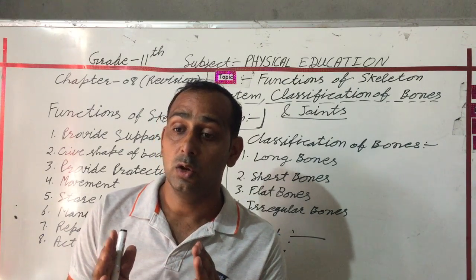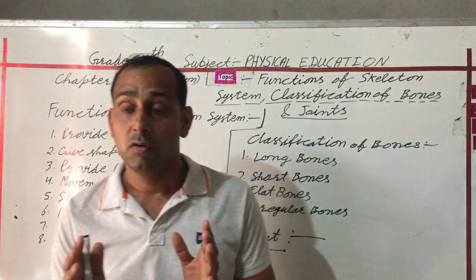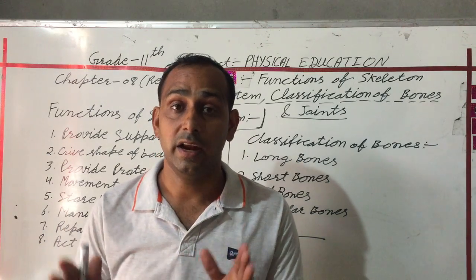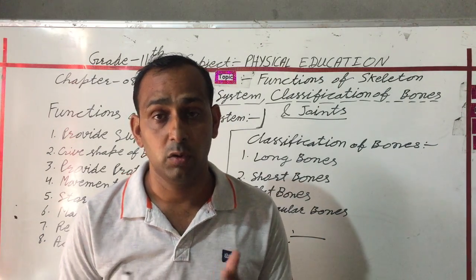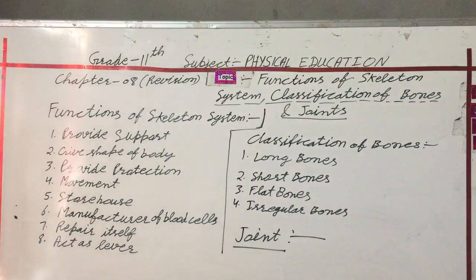This is the condyloid joint. So dear students, the freely movable joints are further classified into 6 categories. All are explained. I hope you will understand this topic, functions of skeletal system, classification of bones and joints.